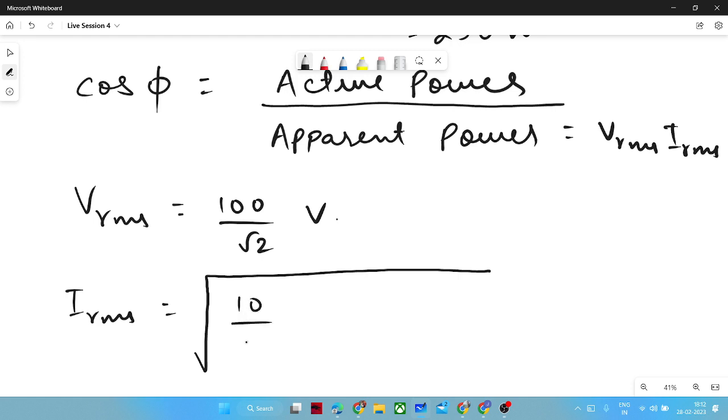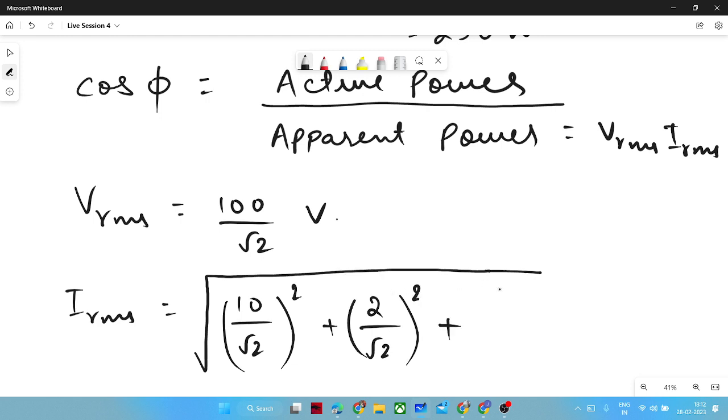that is 10 by root 2 squared, plus another term, 2 by root 2 squared, and the final term is 5 by root 2 squared.